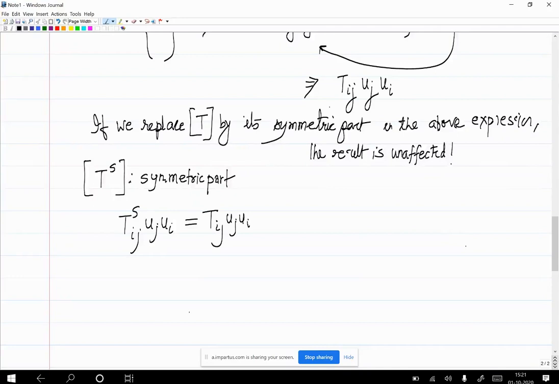So can we prove this? Anybody knows how to prove it? Replace T with T plus T transpose divided by 2, that is the symmetric part, T_s. And then T_ij plus T_ji divided by 2, and T_ji is equal to T_ij.